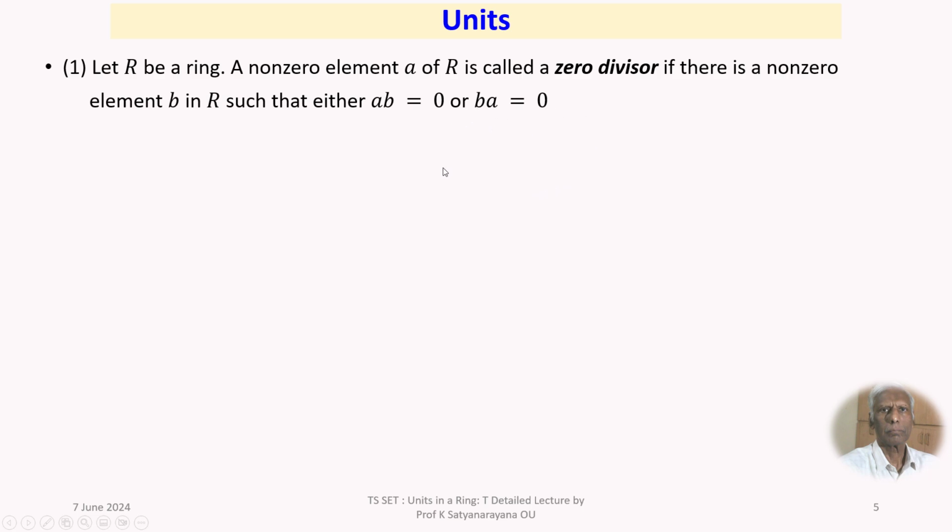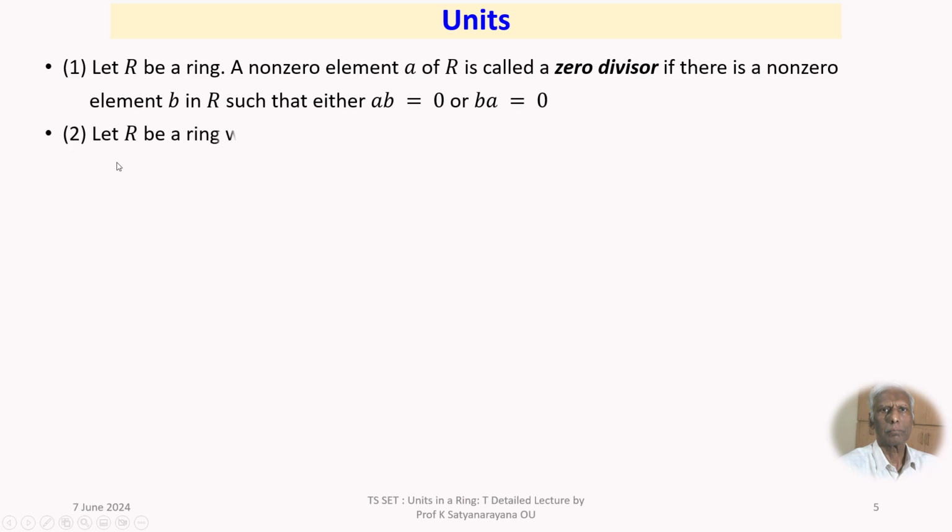So we have A belongs to R, A is not 0, then that will be a zero divisor. If you have another non-zero element B in R, such that the product either AB is 0 or BA is 0, such an element is called a zero divisor. A is a zero divisor. If A is a zero divisor, then B is also a zero divisor. Right.